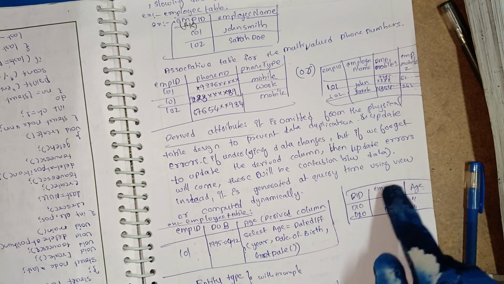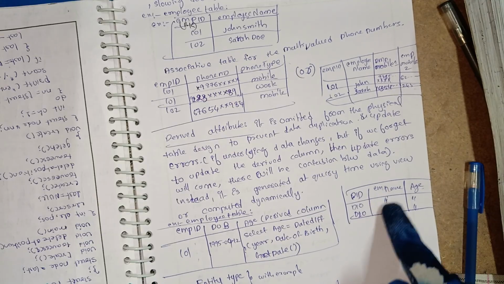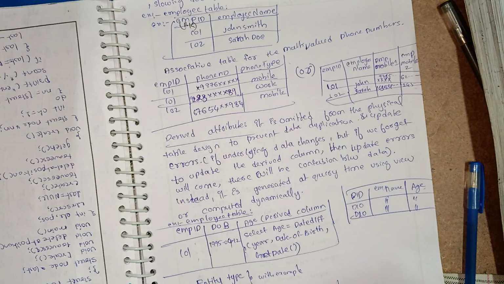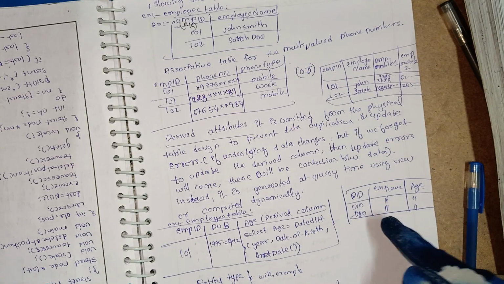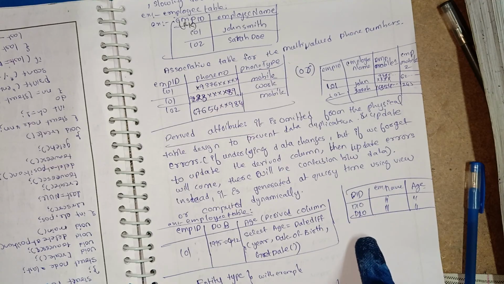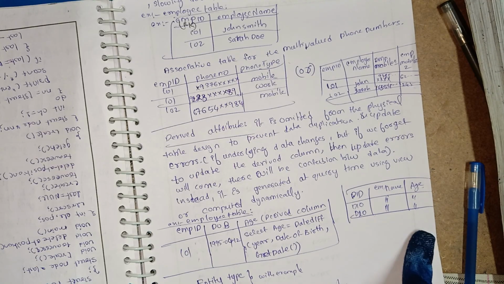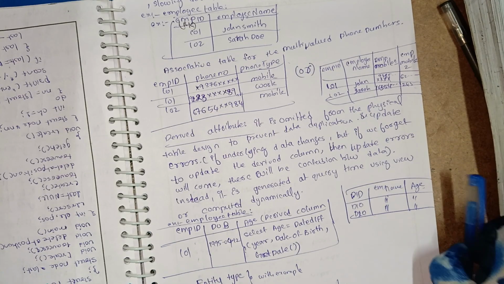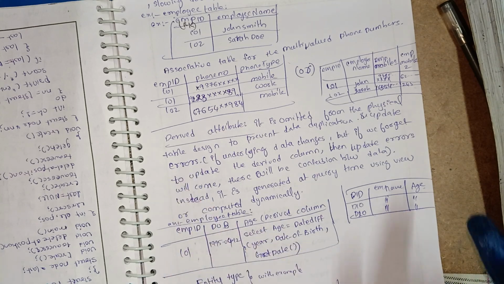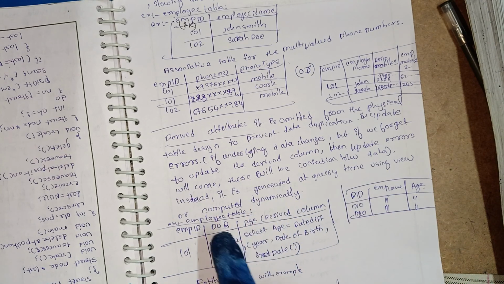After updating only the employee name, we query this table again, and this time we get DEF as the employee name, but the age is the same, 30. So there will be an inconsistency in the data. That's why update errors will come. To prevent that, we are not including this age column.